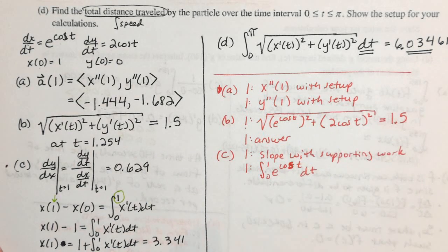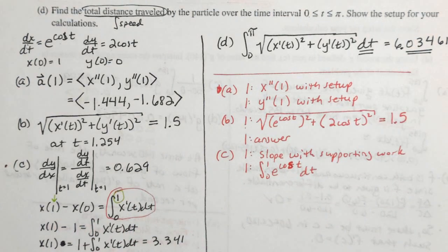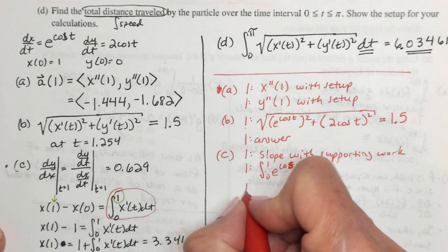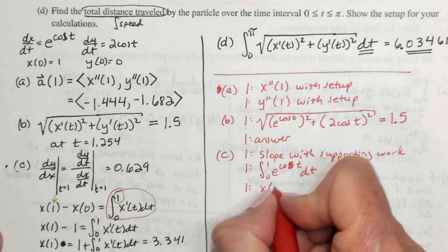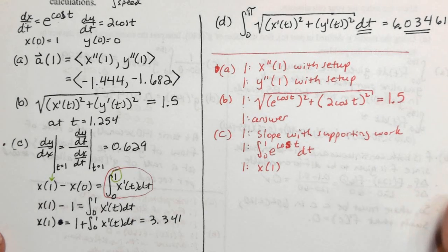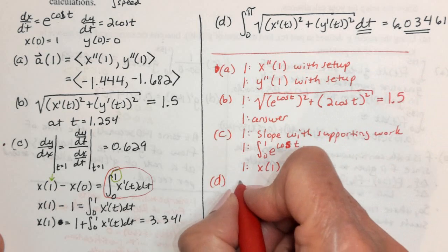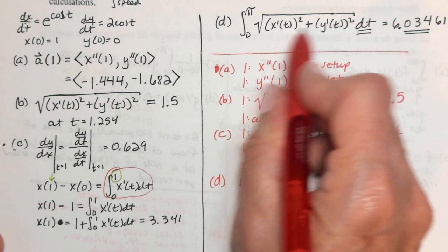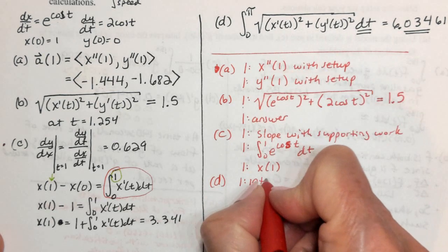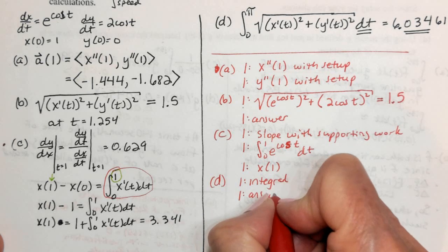So 1 point for this integral right here. In other words, did the student know to use the fundamental theorem of calculus? And then 1 point for the x-coordinate of the position at time 1. Part D, 1 point for the integral, 1 point for the answer.